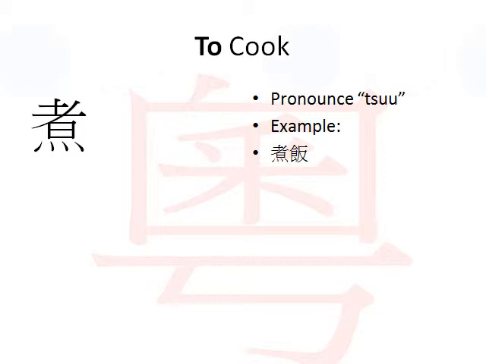You would have that t sound for the TS, and then pronounce the UU as U. If you combine those sounds together, the t and the U, it'll be 煮, ju, which is similar to the actual pronunciation. An example is cooking a meal or cooking rice. Either way, it's the same kanji and the same pronunciation, which is ju fan in Cantonese.